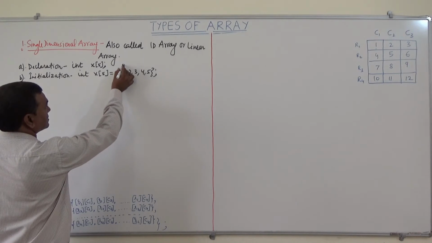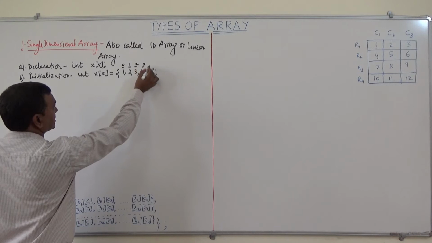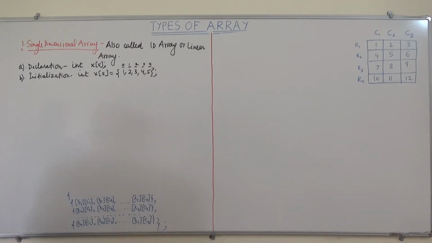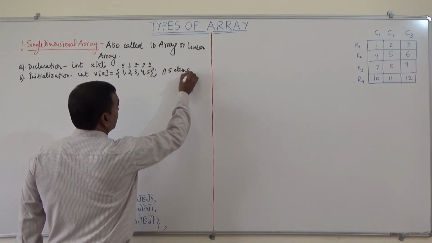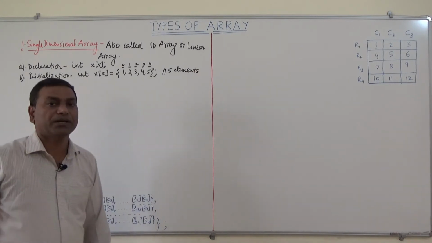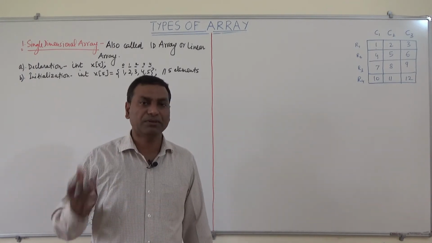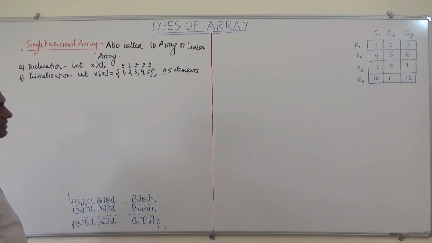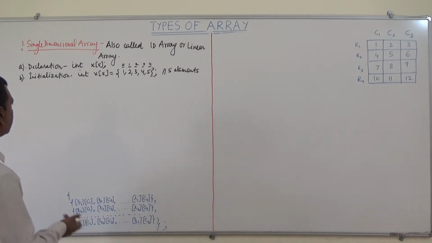We can say this is index 0, this is index 1, index 2, this is index 3, index 4. So in this way we can initialize. If you want to enter the value from the keyboard, the way is different, we can use different loops. But this is static initialization. We have initialized at the start.